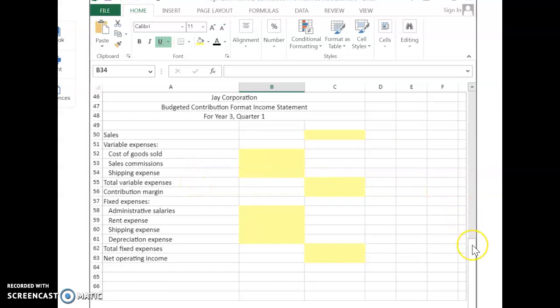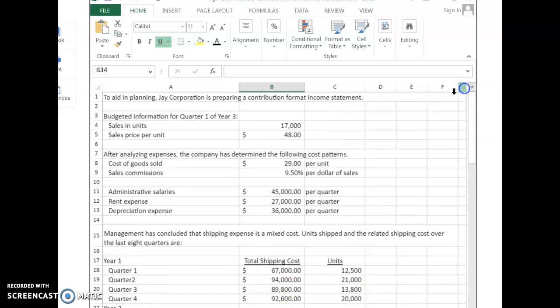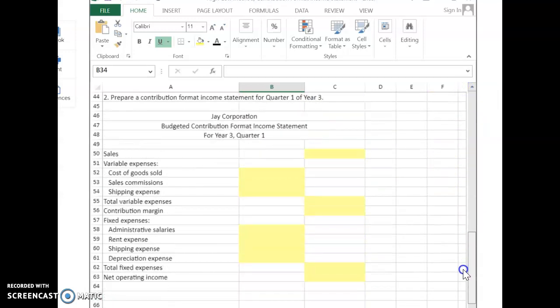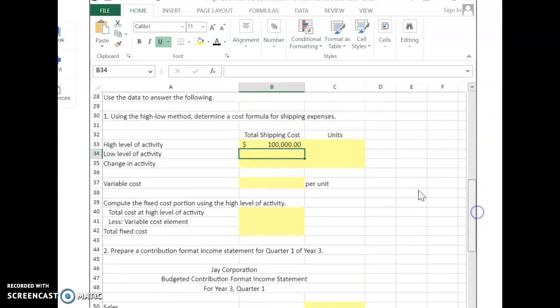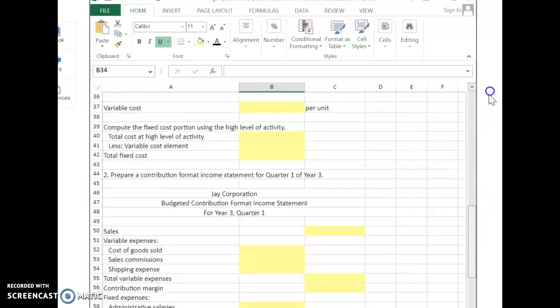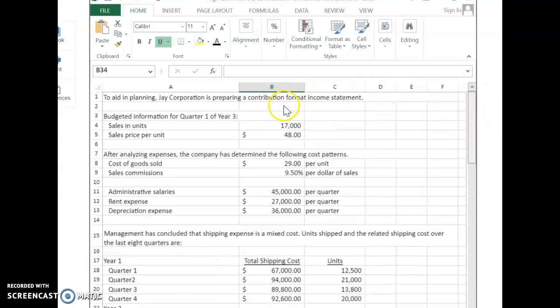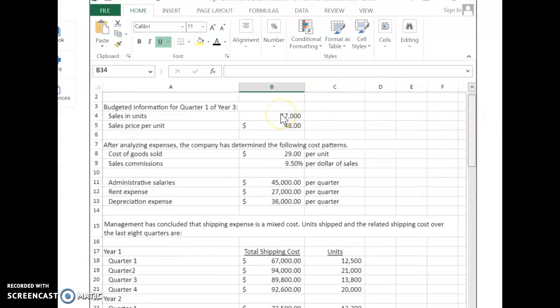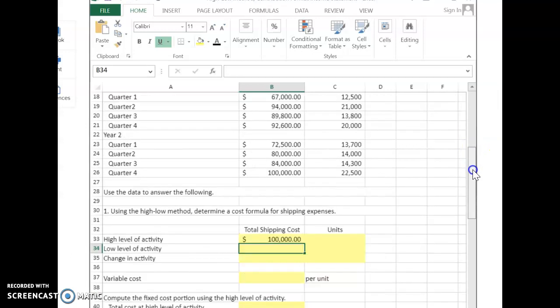You're told a percentage for the sales commission that you're going to multiply by the sales. Your shipping expense, you will have calculated the variable cost per unit up here, and then you'll just multiply that by the number of units for quarter 1 of year 3.